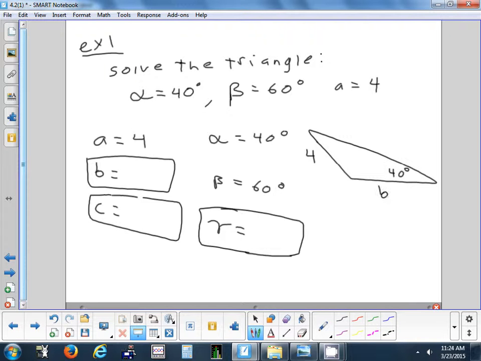I'll put B across from beta. And that'll be C and gamma. Right, so in terms of the 3 letters, like angle, side, angle, side, angle, side, whatever I have, I just want to know the type of triangle that this is.